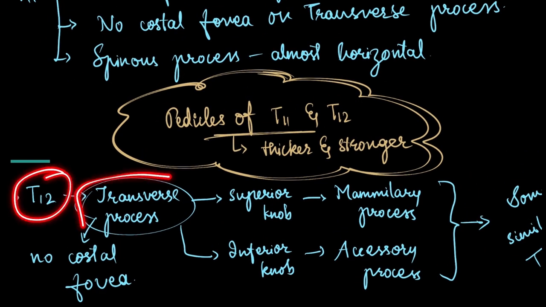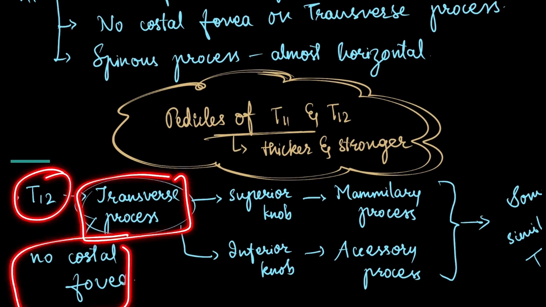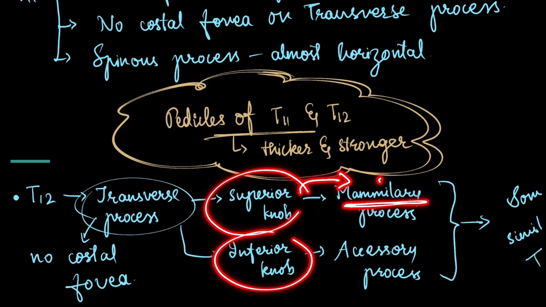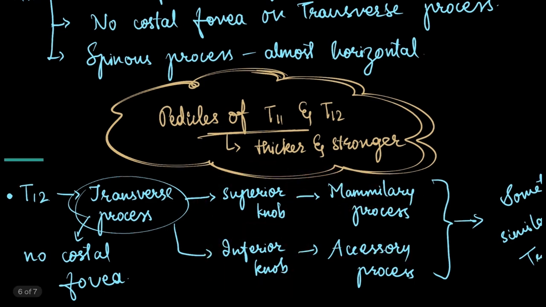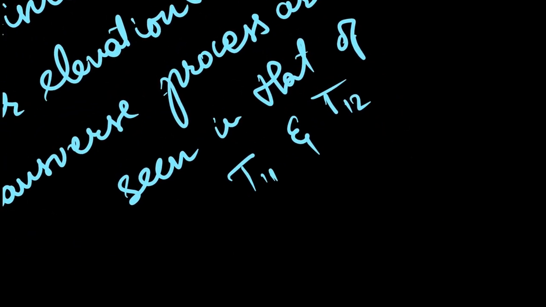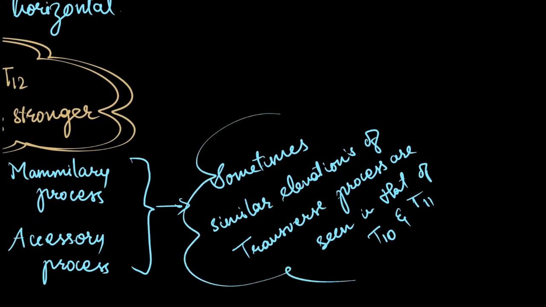So 12th thoracic vertebrae, its transverse process again does not have costal fovea, but its superior and inferior knobs get modified into mammillary and accessory processes. Here in note, sometimes similar elevations of transverse processes are seen in T10 and T11. Okay.